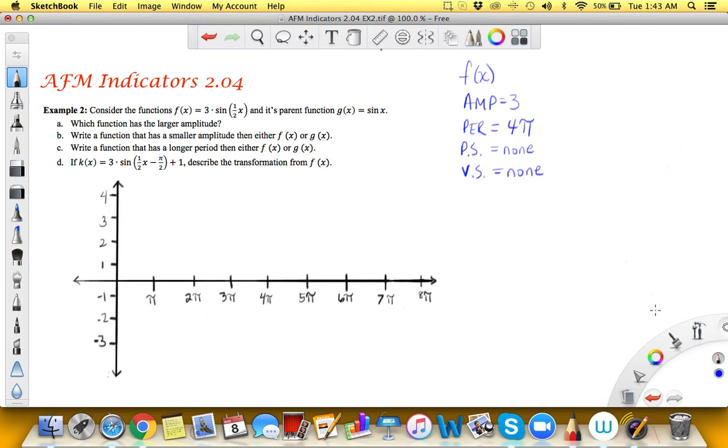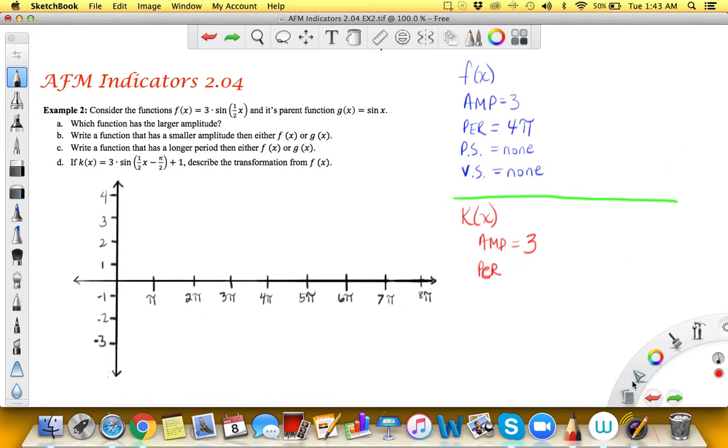Okay, now if we compare that to k of x, which they give us here, k of x actually has an amplitude that is 3 still. It has a period that's a little different this time.